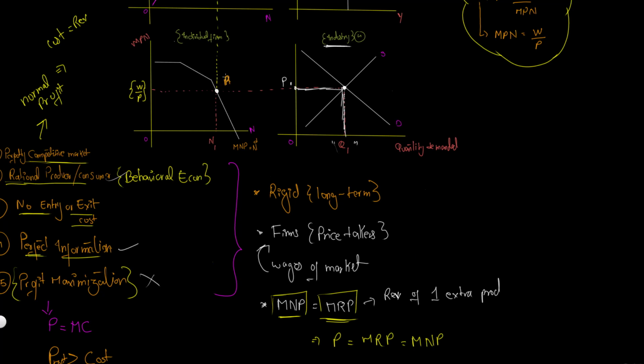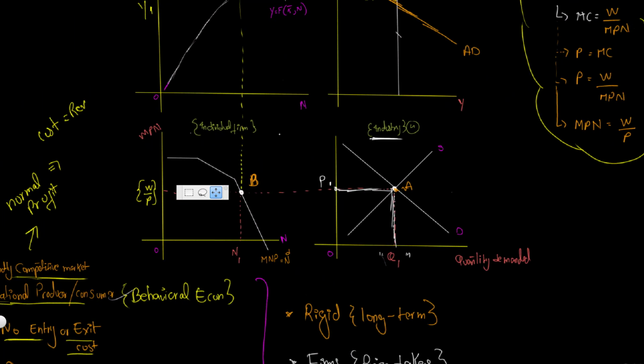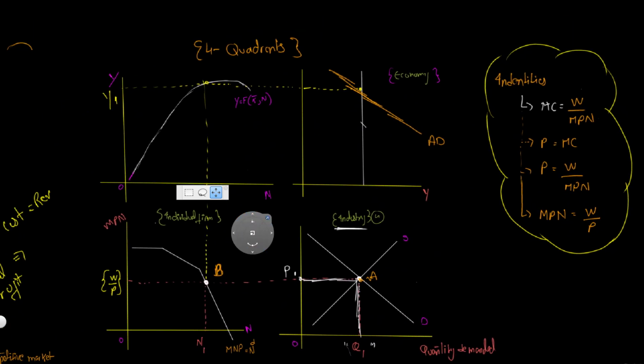This is point B. Let's say this is point A. If the industry is in equilibrium, let me zoom in over here. If the equilibrium market is at point A with P1 Q1, firms will hire where the price meets the MPL curve, which is the same as the MRP curve, which is the same as the demand for labor in the economy.